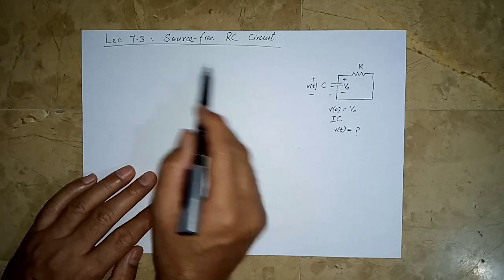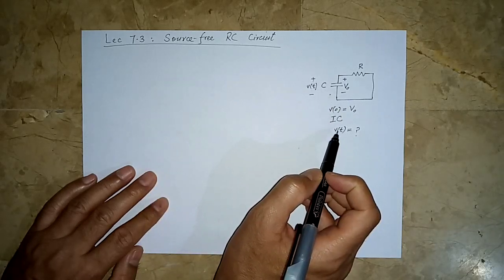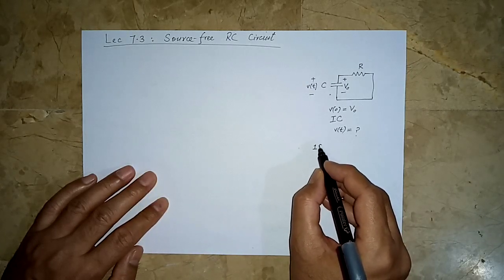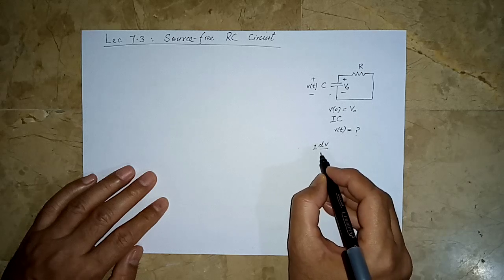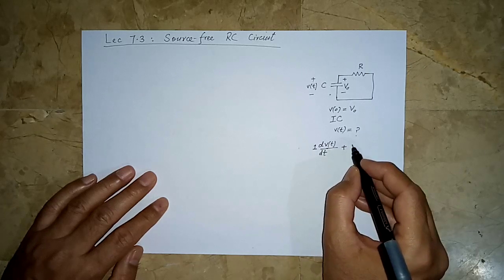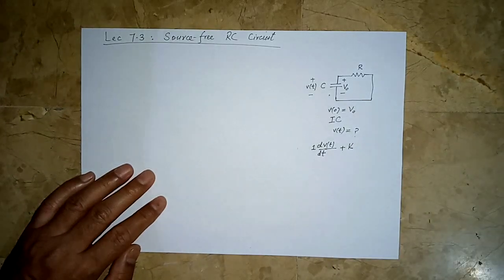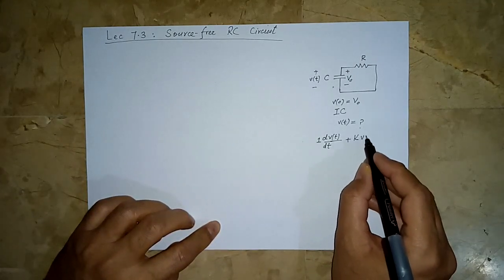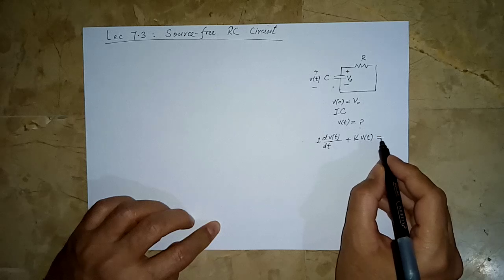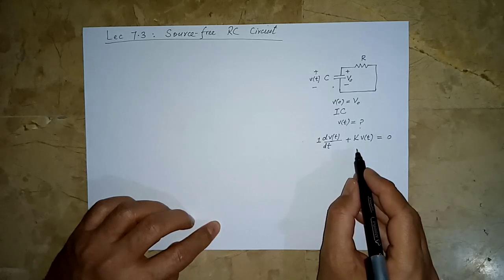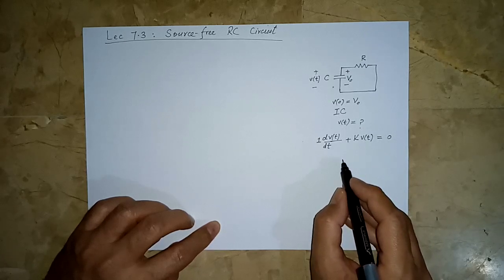If, in trying to solve for this V, we come across an expression of this sort, 1, and then we have a derivative of V with respect to t, because V is a function of t, plus some constant into this Vt equal to 0, then you can recognize that this form of the differential equation is the same that we have already handled.